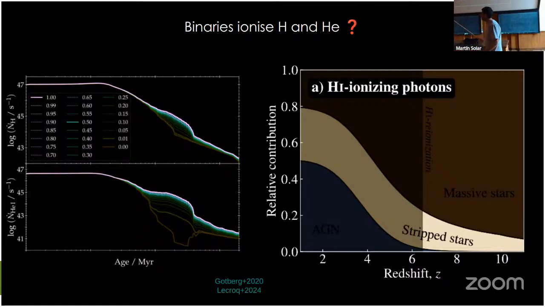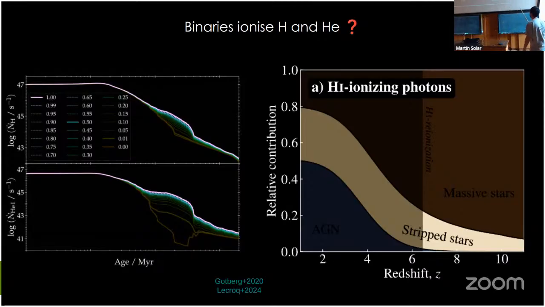If we take binaries as a function of time, the medium is going to be more efficiently ionized. Also, we have helium-1, in which if we take binaries, the medium is also more efficiently ionized. Here it should say massive stars, here it should say AGN, and stripped stars are binary stars.